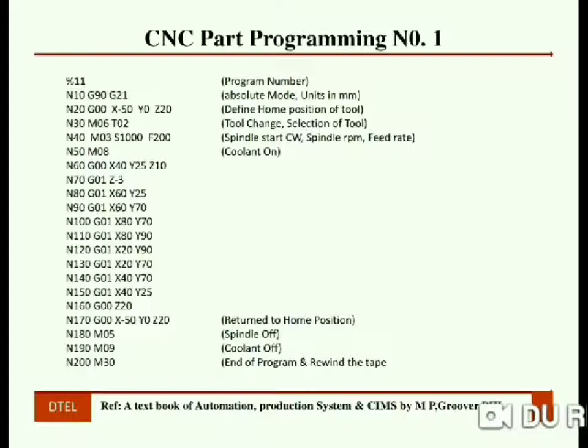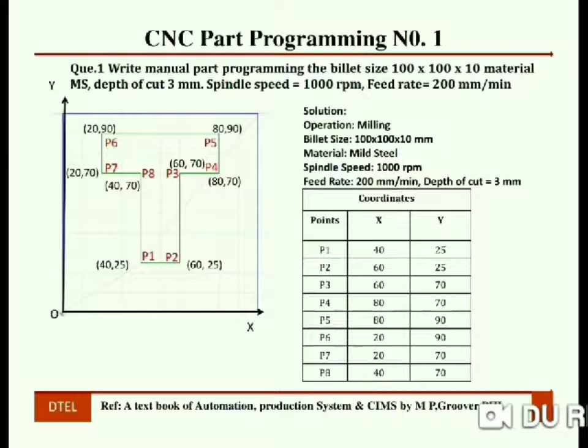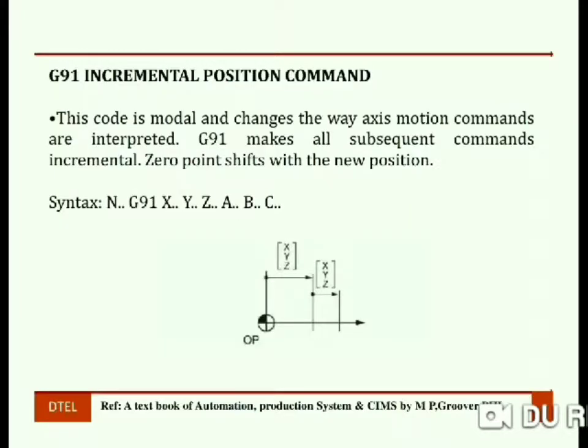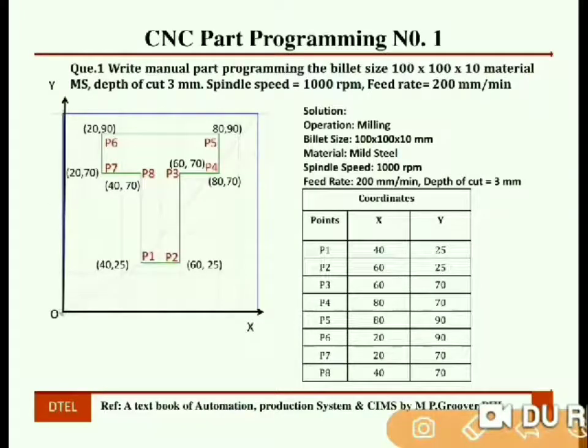Now N20, G00, X minus 50, Y0, Z20. What is the meaning of this instruction? It is the home position of the machine tool. From this diagram, initially the tool is here, that is the home position of the tool.